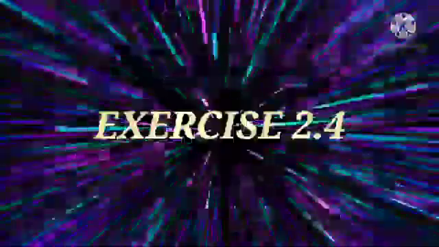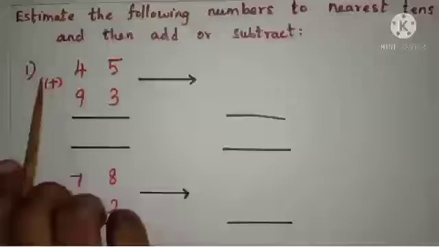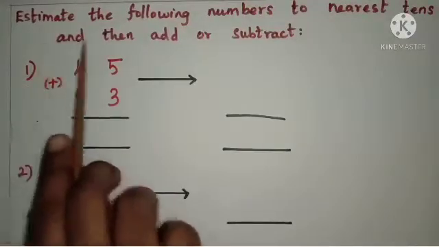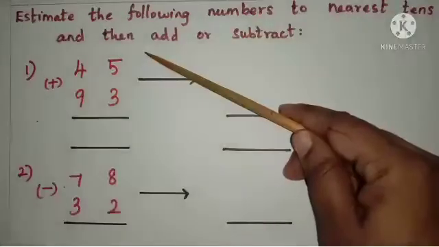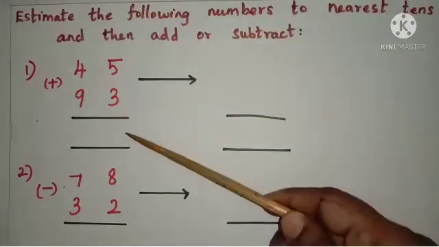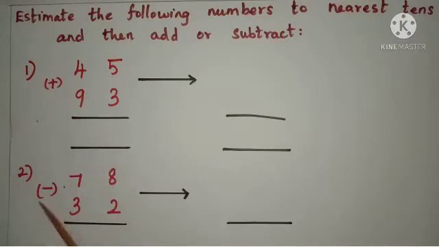Children, now we are going to see exercise 2.4 problems. Exercise 2.4, estimate the following numbers to nearest tens and then add or subtract. First here addition. Estimate the sum is given and then estimate the difference.